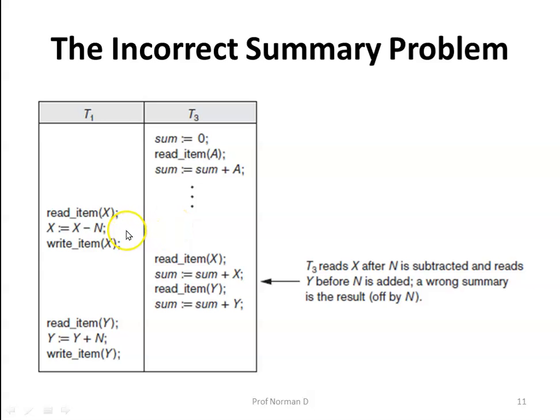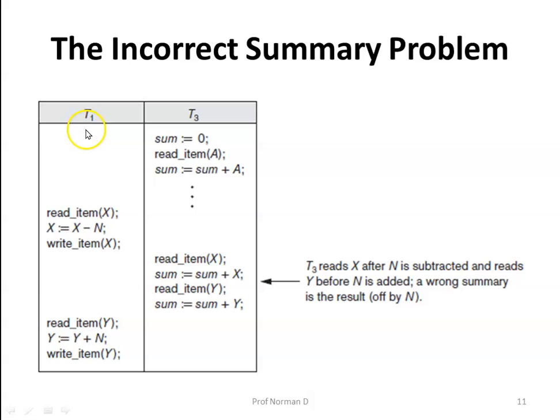For example, in these transactions T1 and T3, suppose that transaction T3 is calculating the total number of reservations on all the flights.